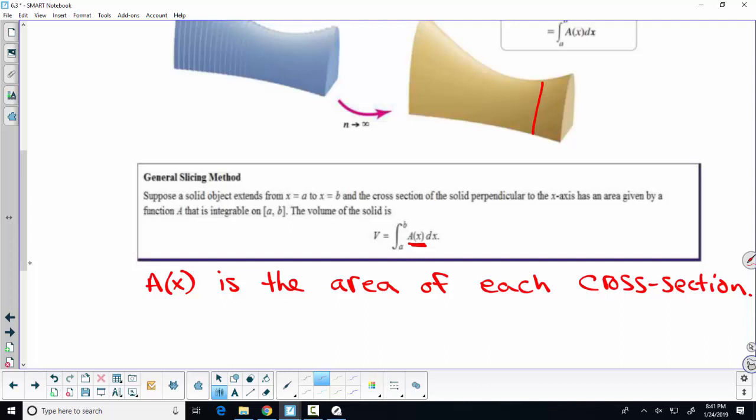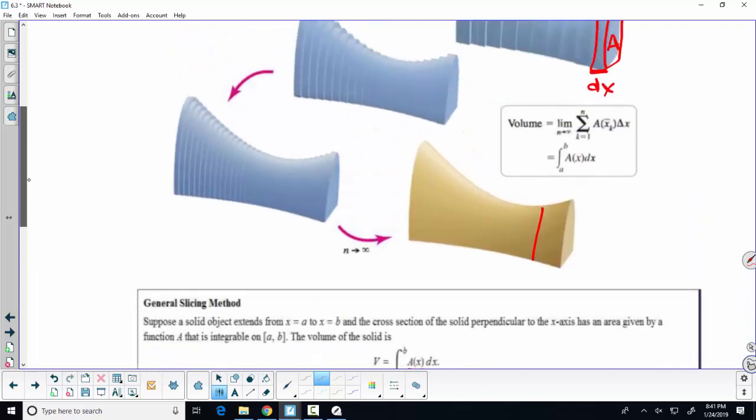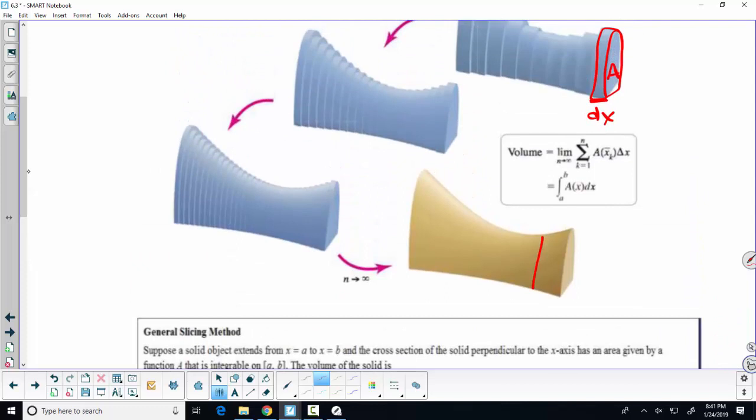Yes? It seems like A of x is extending into a different dimension than dx. You have one extending in that direction and one this way, so I don't understand how they're both based on x. So we're just going to take this picture. We're not going to think about the three-dimensional solid.